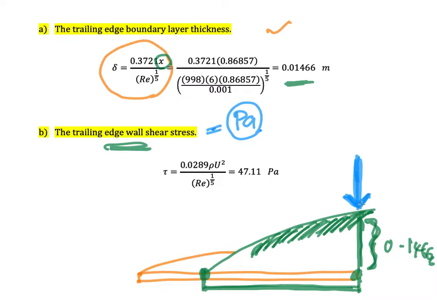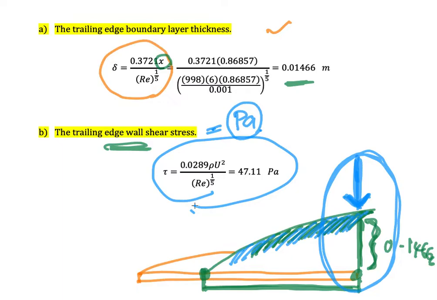Because at this point it is a turbulent boundary layer, we could use the equation for the 1/7 power law and substitute the Reynolds number here. Please be careful, the Reynolds number here is based on the total distance of the turbulent boundary layer only. If we substitute the Reynolds number here, we get that the shear stress at the end of the flat plate is equal to 47.11 Pascal.